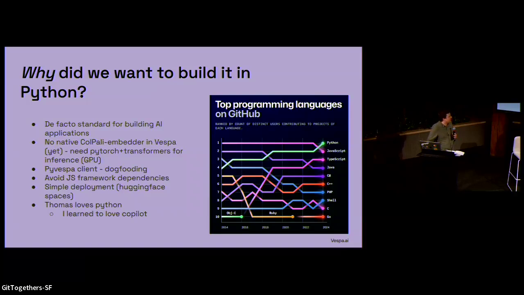It allowed us to write code in a way that we were more familiar with and just insert the little pieces of JavaScript where we really needed them. Also, we did need PyTorch and transformers to do the inference of turning the query into the 1024 embeddings. So we had to do Python anyway.